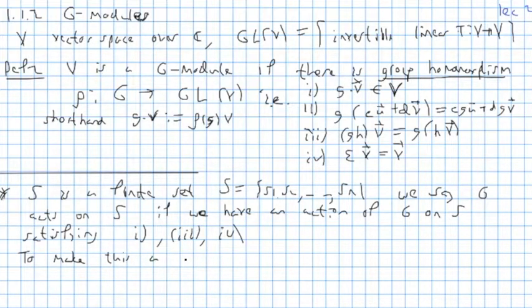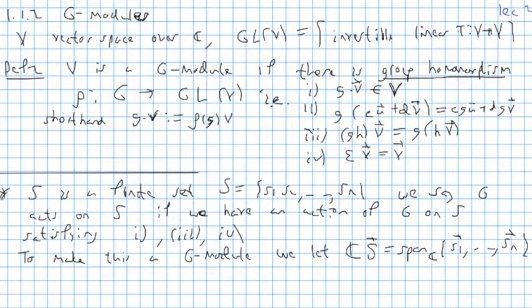To make this a G module, we need to create a vector space, and the elements of S should themselves be a basis. So let me have some notation for this. I'm going to call it C S, with S in bold. This is the span of the elements of the set, viewing them as vectors themselves.